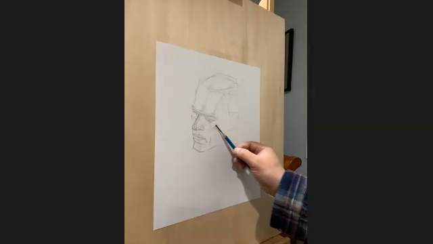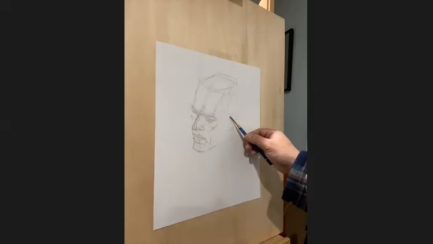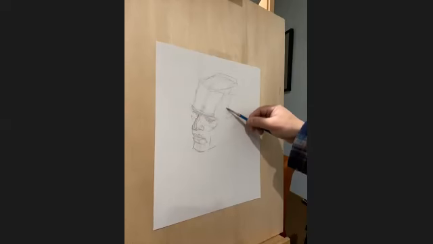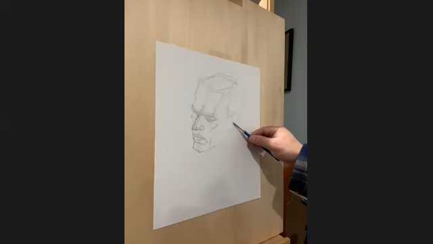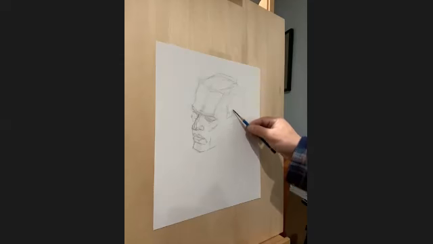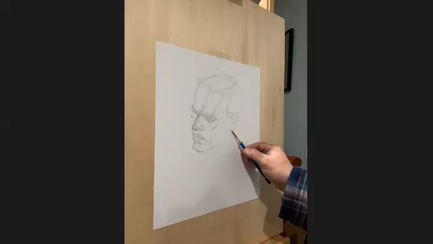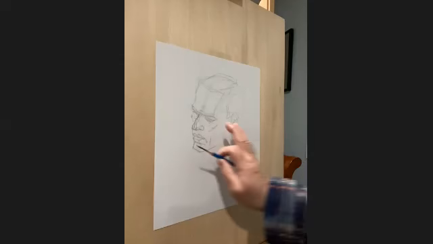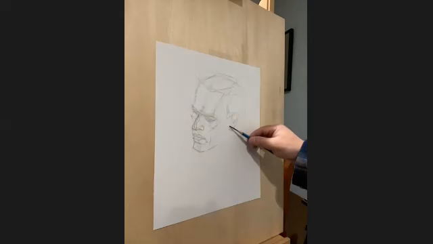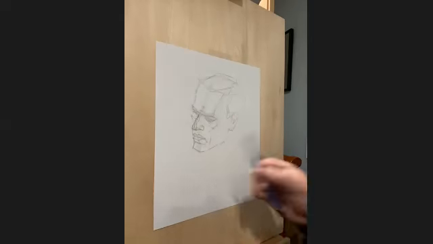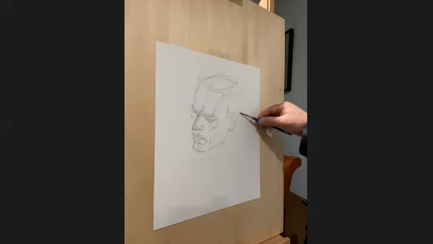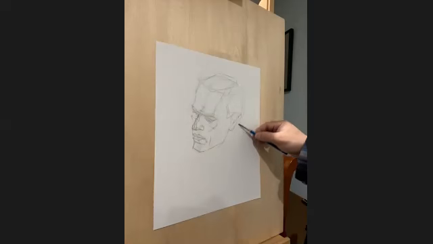Compare this with that, so you see how far apart the ear is from the other features. When this size is okay, we can outline the ear. Make sure the ear belongs to the side face, not the front. So the side face is complete.